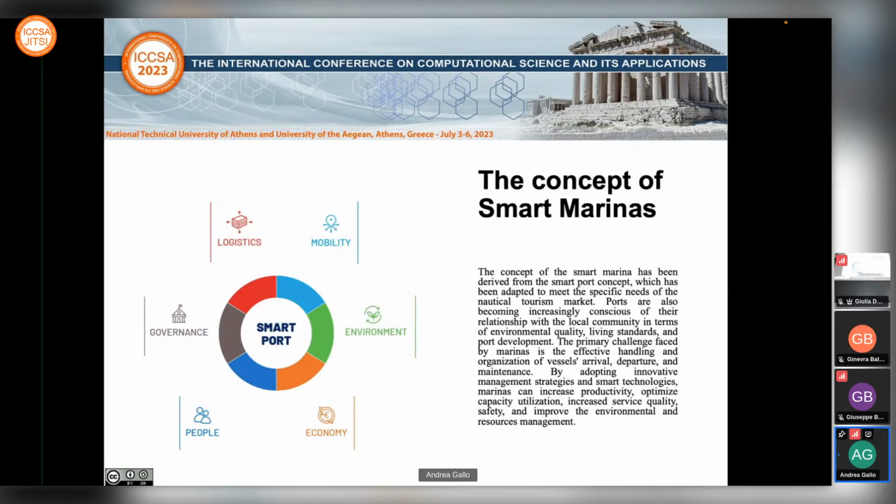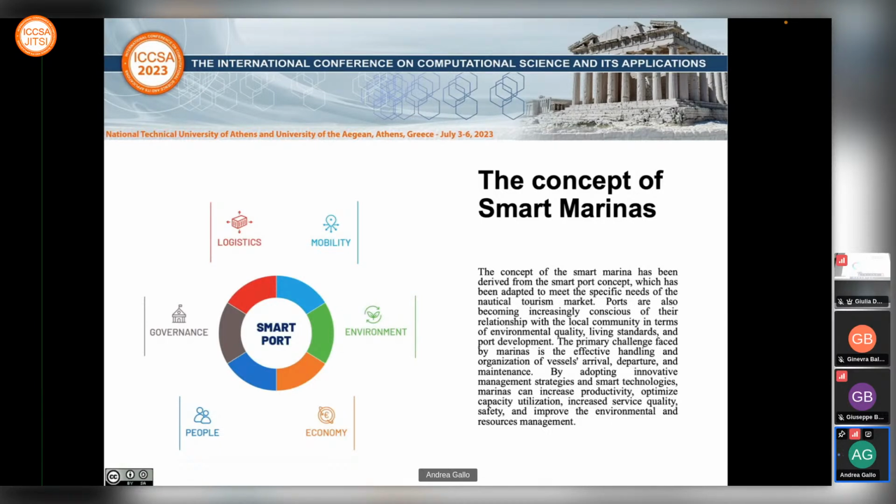When we talk about smart marinas, we are facing the problem of how to be as sustainable and smart as possible in terms of all these different aspects that we are going to see here.